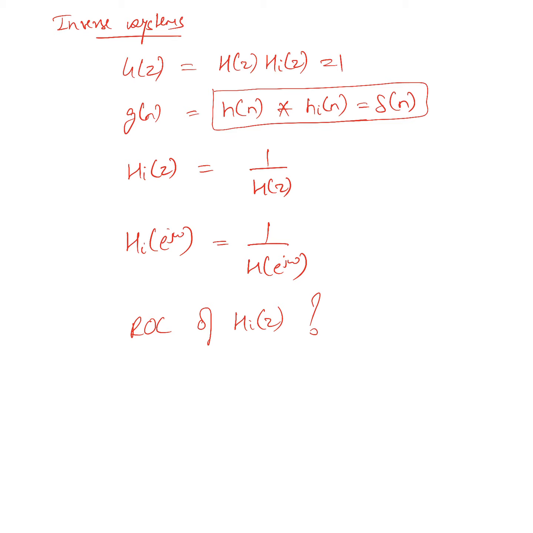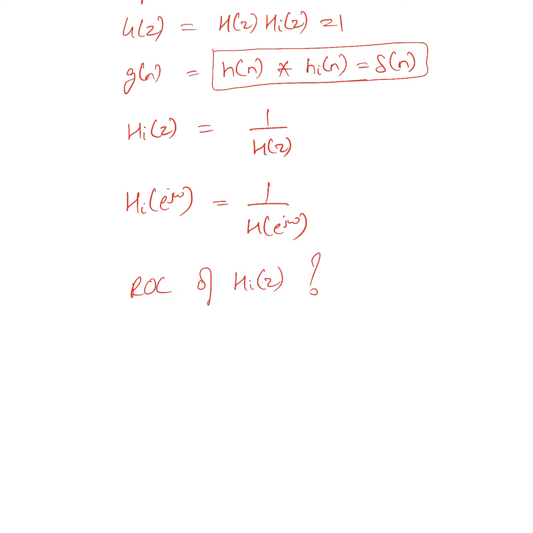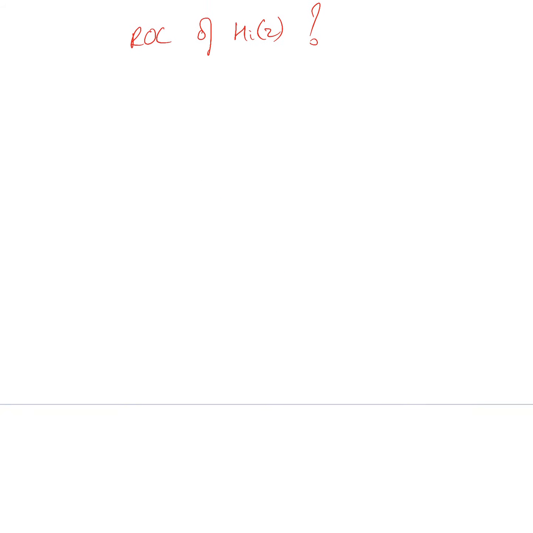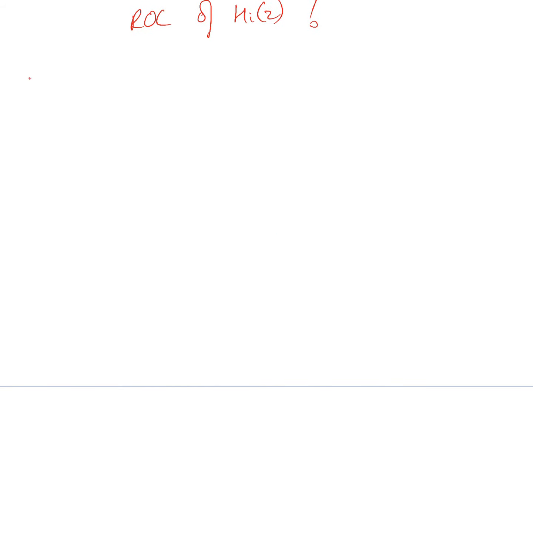Now let's see what would be the impact of causality on the inverse system. Say, for example, your h of z is a causal system. Then its ROC, like we have defined, would be outside the outermost pole.